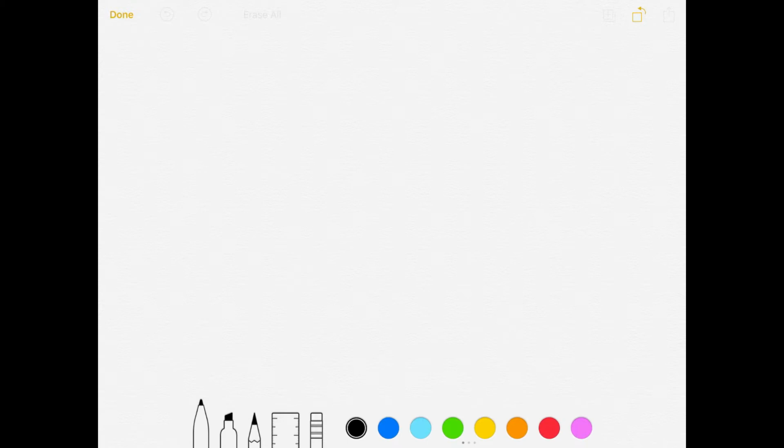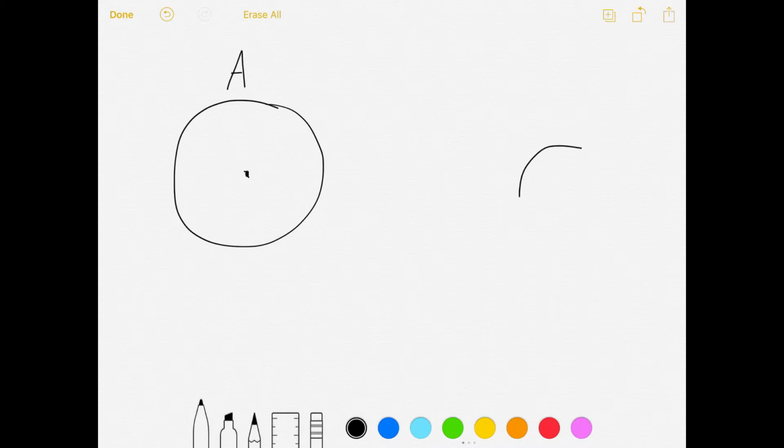To understand this law in very simple terms, let us take an example. Let us assume that there are two objects. This is the object A with its center, and let us say there is a smaller object, which we call object B, and this is the center of that object. Let us assume that the mass of object A is m1 and the mass of object B is m2.